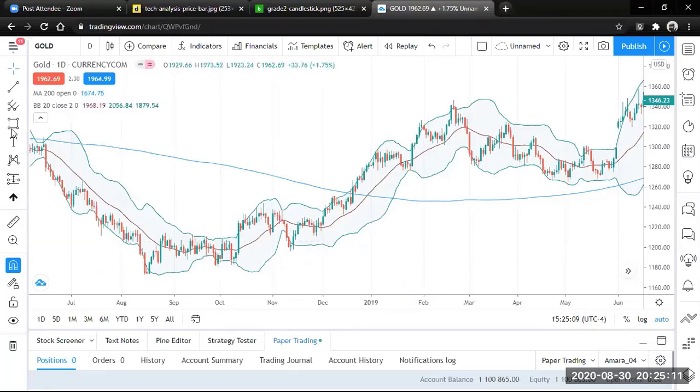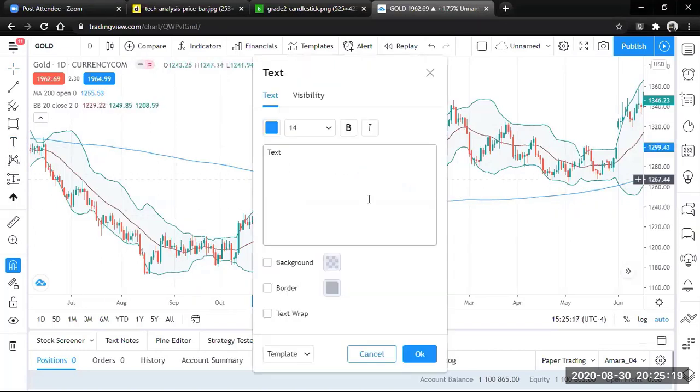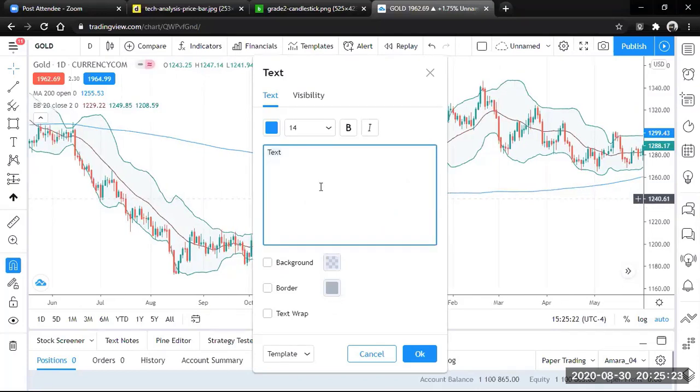Now, a strategy is a set of rules that you have come to systematically design that tell you when to enter a market, when to leave that market, and how to manage your risk while in that market.